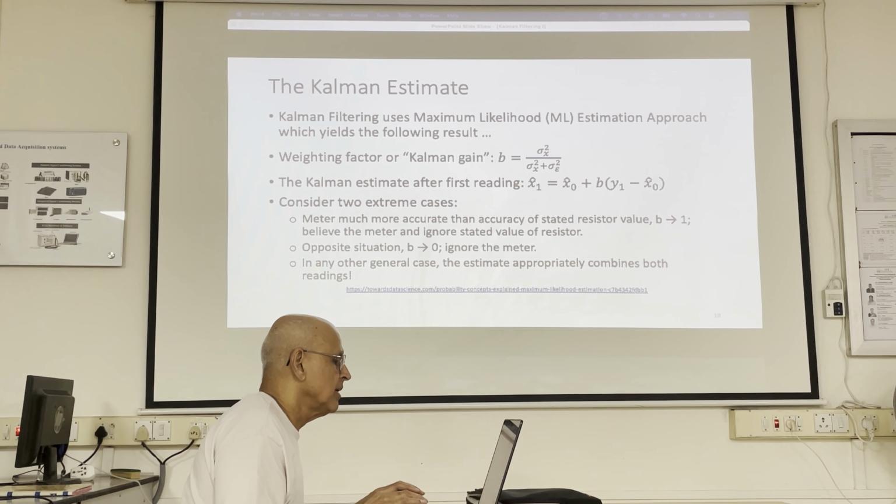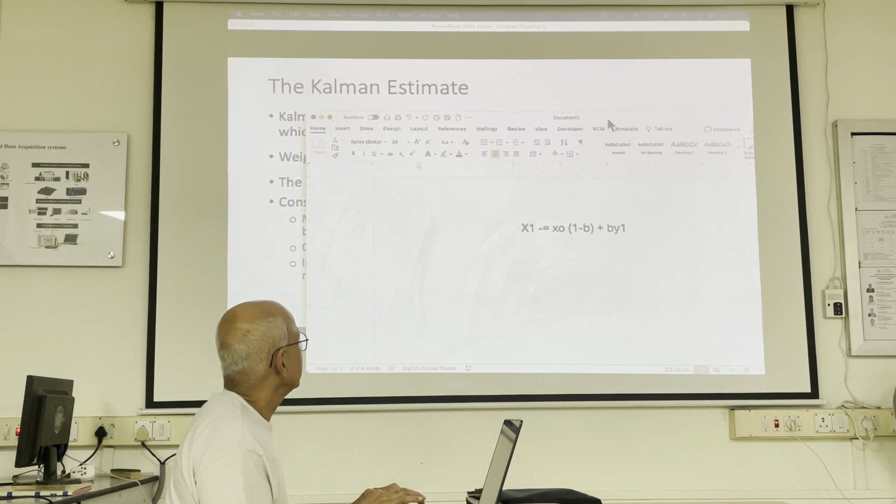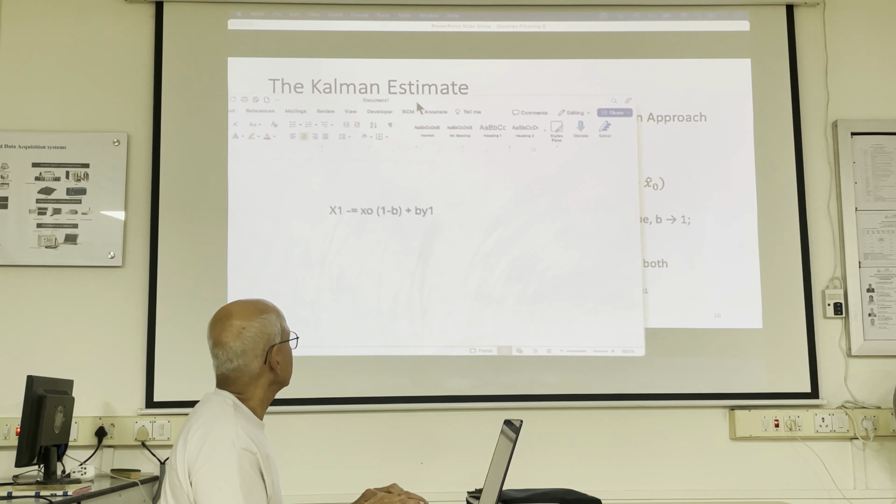I'll blow it up really big. And I'll show you. So this is what I got. I hope you got the same thing. I expanded it. This is the way that Kalman equation is written, because it looks like, okay, I'm taking the old one and just adjusting it a little bit. I'm adjusting it by this much, right?